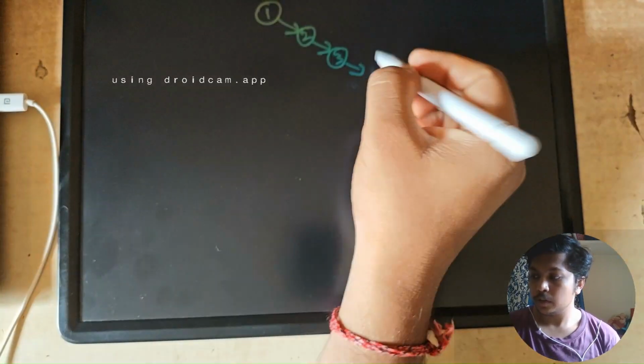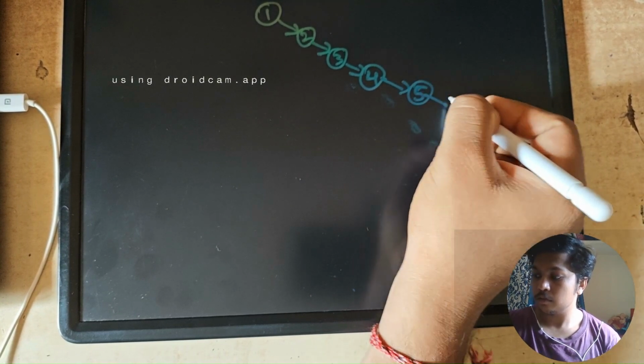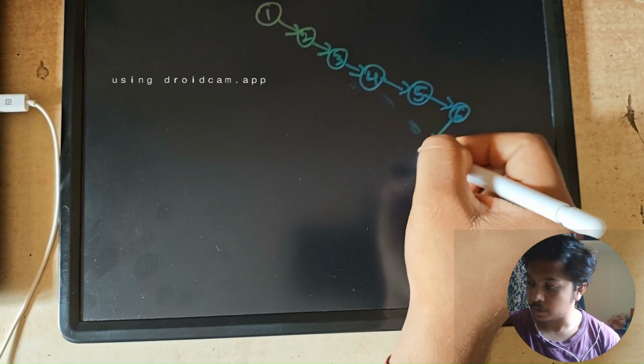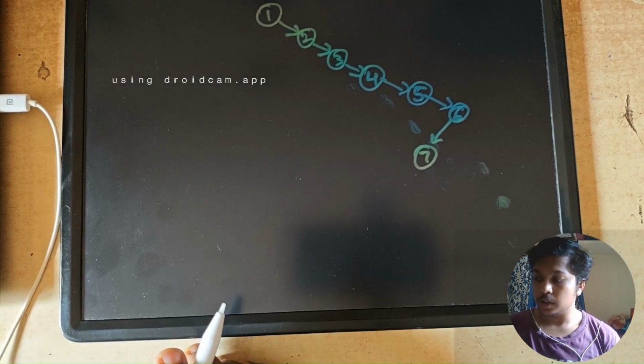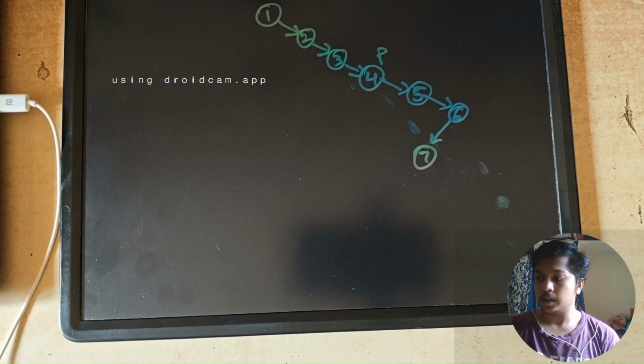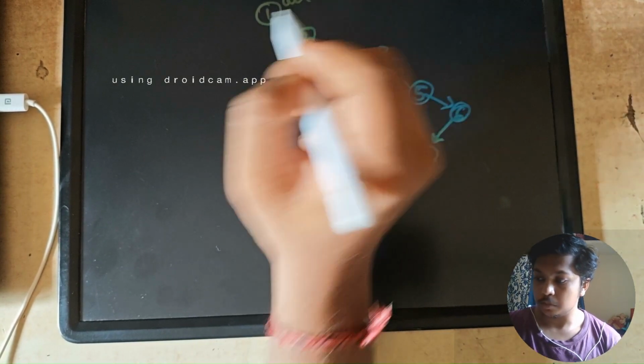So now this one points to here and this one to here, the fifth node, and this one 6 and this one 7. So previously, where is our previous node? That is at the fourth node, and our current was at this point.